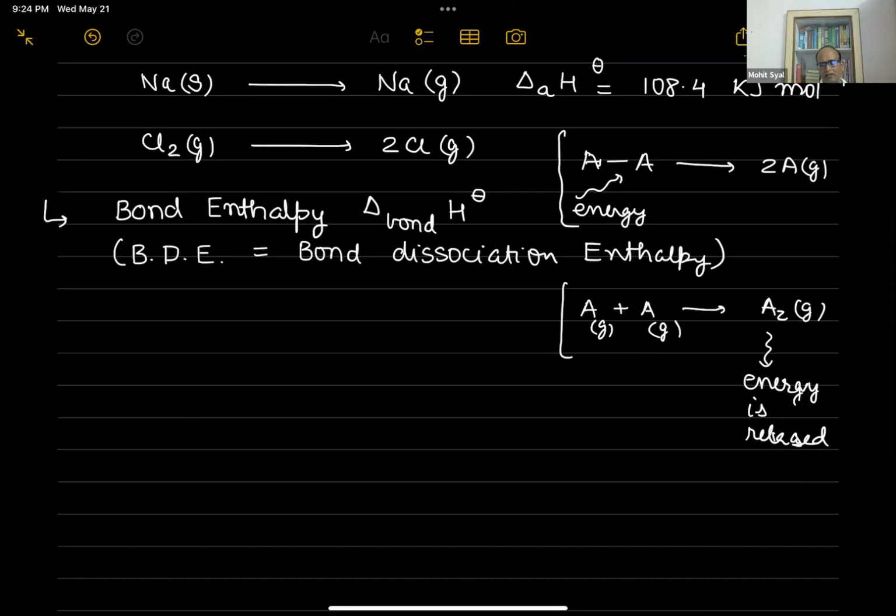Suppose I take methane. It should be in the gaseous form first, not solid or liquid. And suppose you give it some energy and it is completely separated into individual atoms in gas phase.